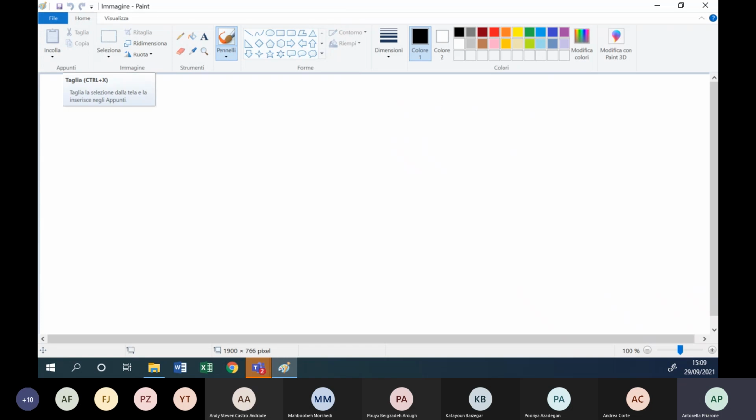Now, last example. I have to calculate, evaluate how much it's possible to increase the heat flux by applying on this geometry that I'm showing you a fin system.